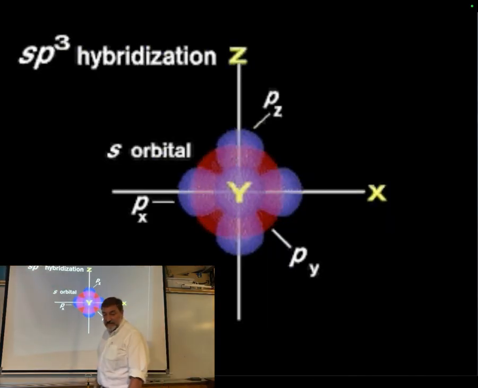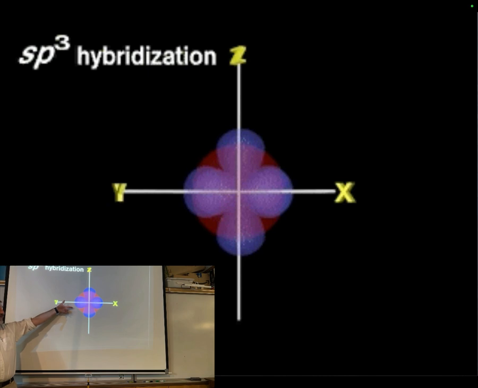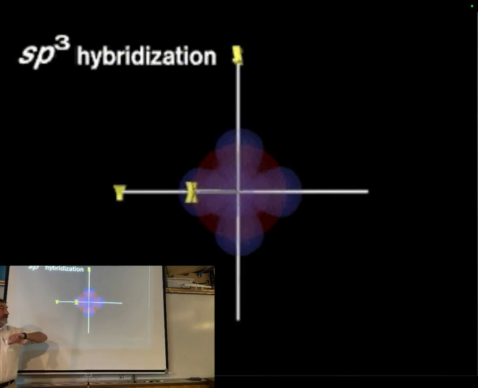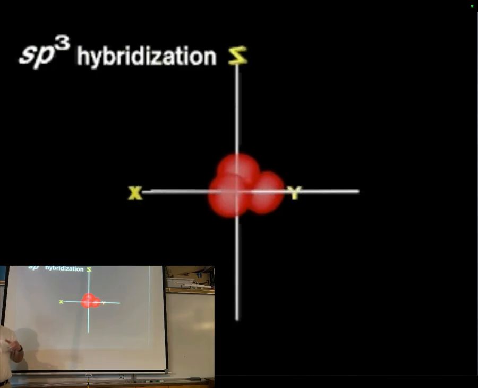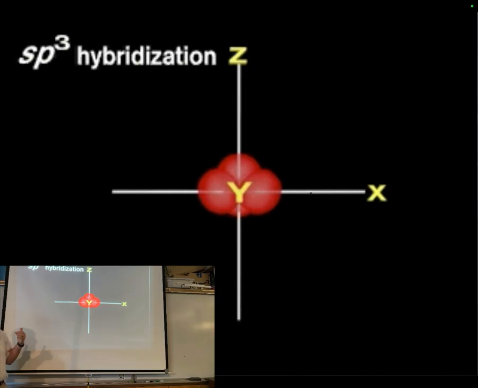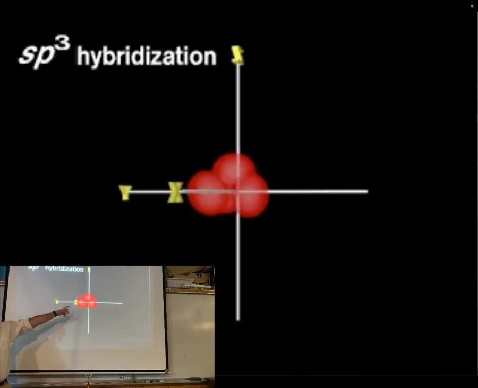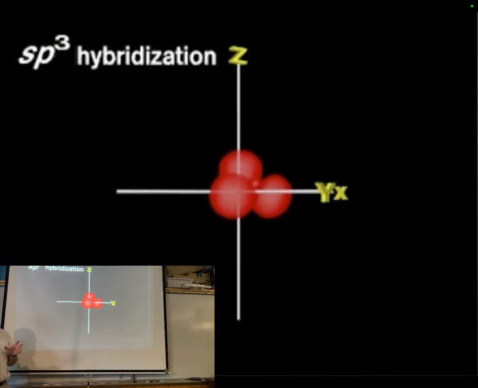Mathematically, it looks something like this. If you take the s orbital and the three p orbitals, part of the p orbital cancels out with the s orbital, and part of it adds together. So these four new orbitals are all exactly equivalent.